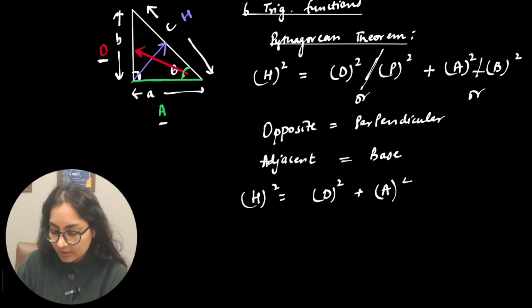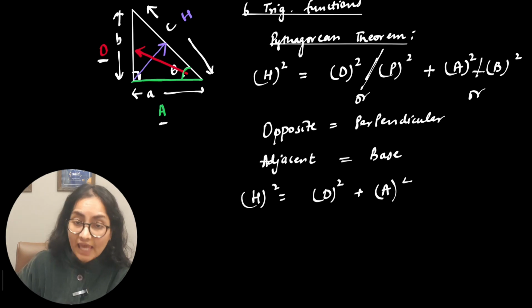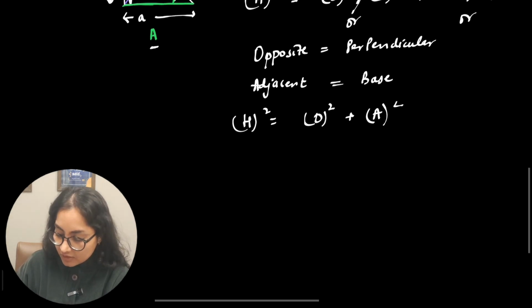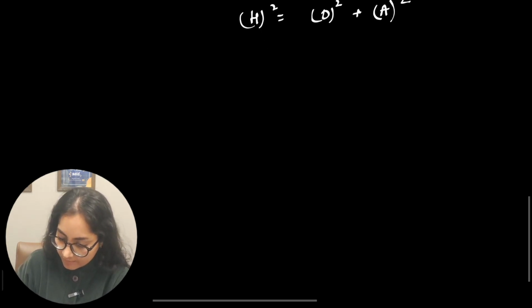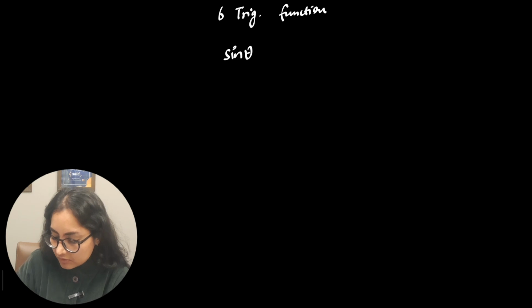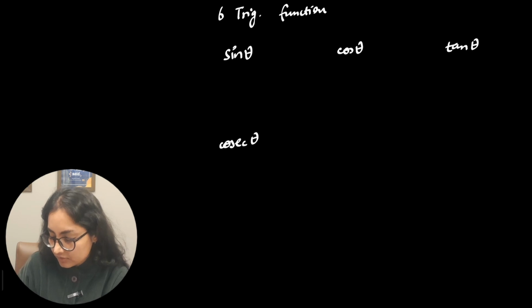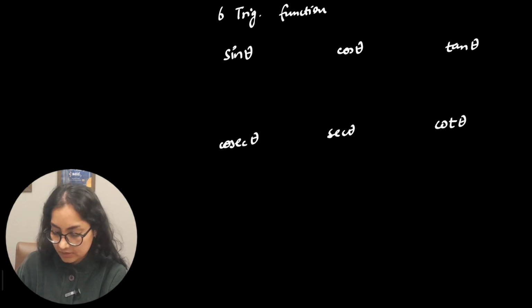How can we define the relationship between the sides and the angles? With 6 trig functions. They are called sine theta, cos theta, tangent theta, cosecant theta, secant theta, and cot theta.